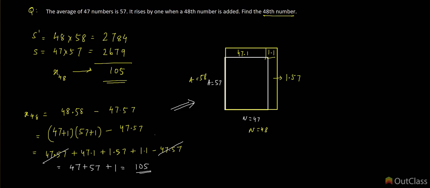The exact same thing that we have done here, but done visually. And so the 48th observation is simply 47 plus 57 plus 1, which is equal to 105. It reduces the burden of the calculation, and if you are very fluent with this approach, it actually saves time as opposed even to putting this on a calculator.